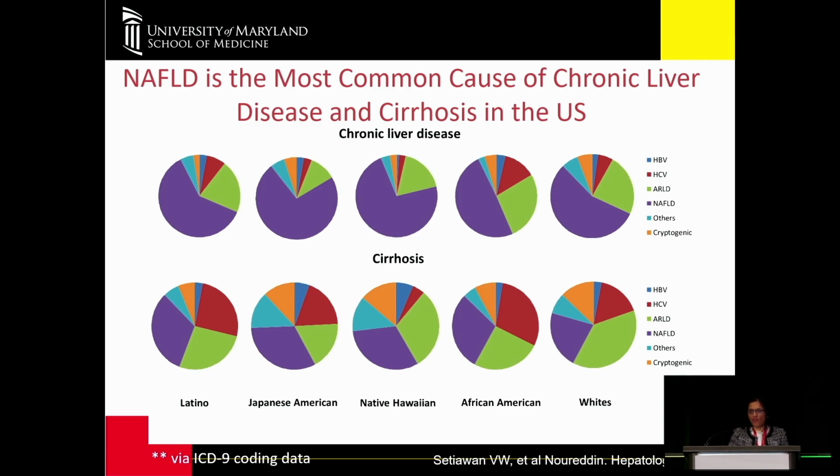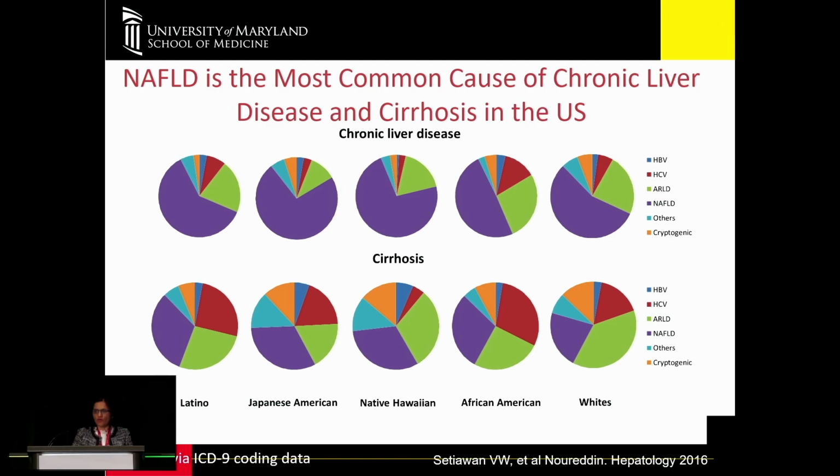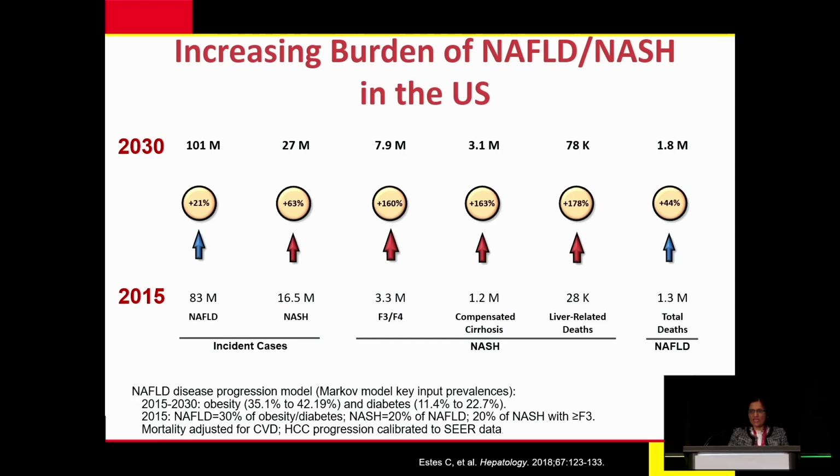And its prevalence varies according to race and ethnicity. Latinos are most affected by this disease. Over the next decade, NAFLD and NASH is expected to increase empirically, not just in terms of its incidence, but also in terms of the morbidity and the mortality that it will result in.